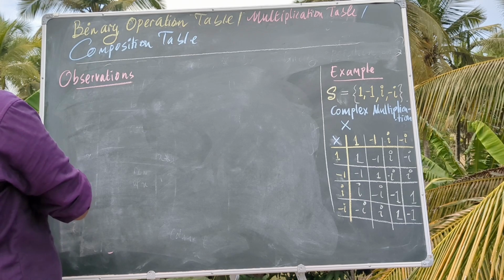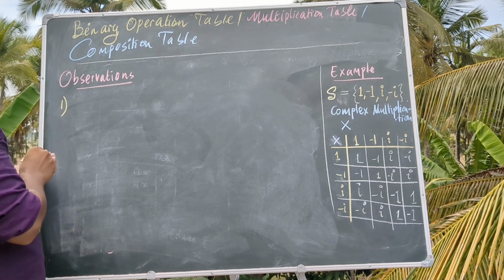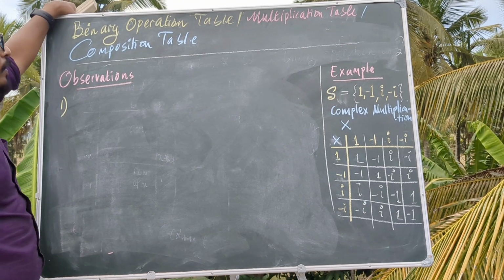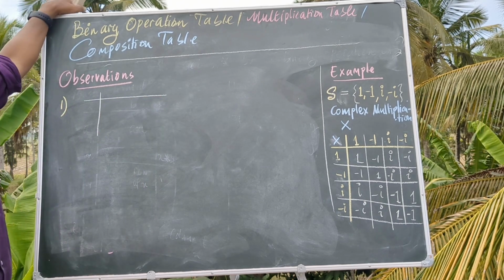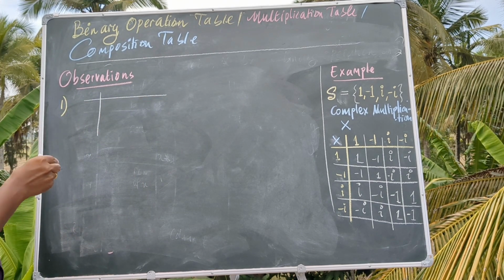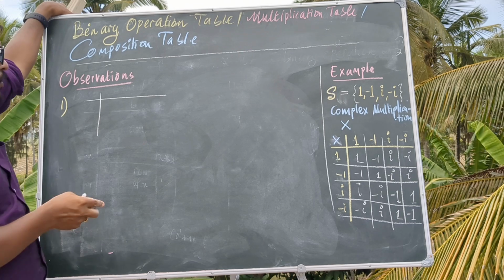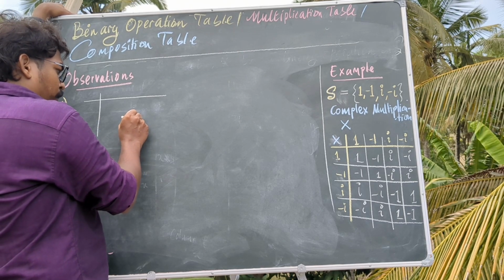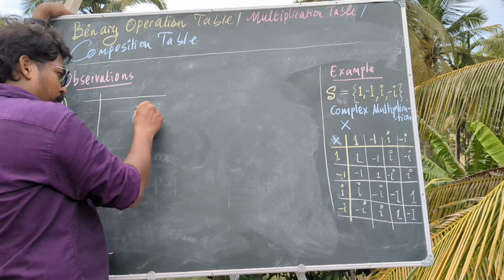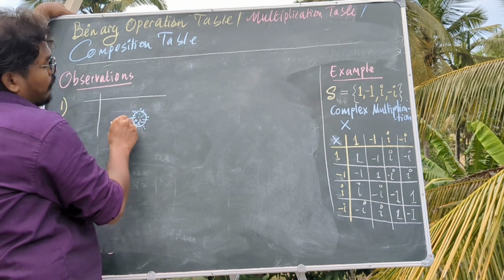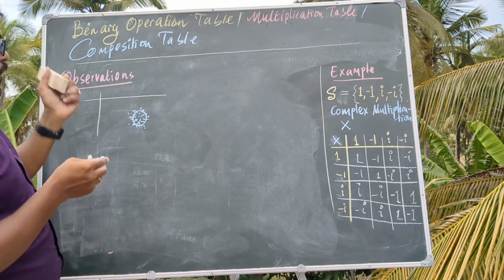First one. Suppose in this operation table I have one element which is an outsider. Let us make a coronavirus symbol. Coronavirus. This is one outsider.